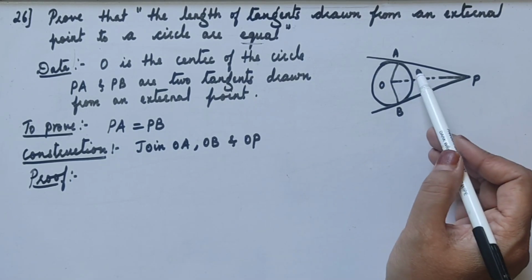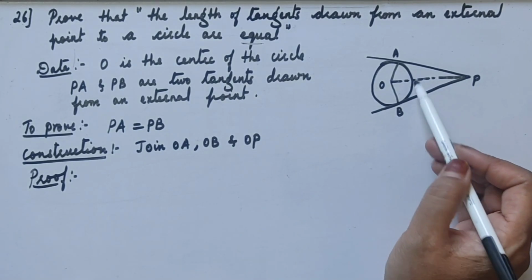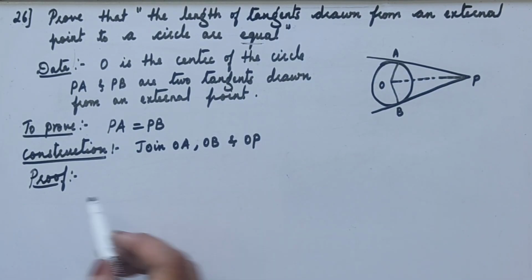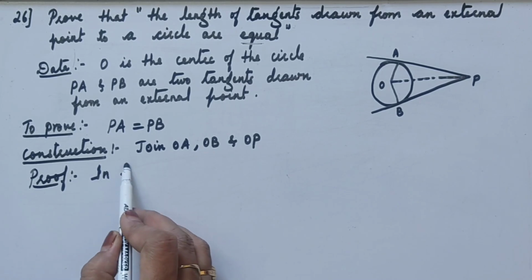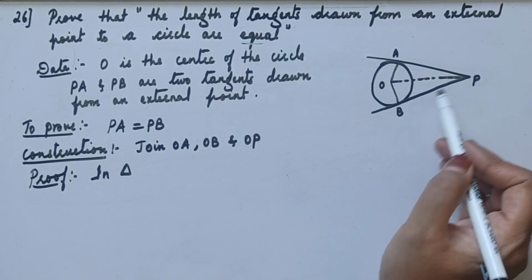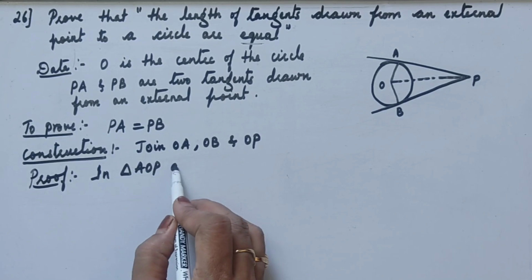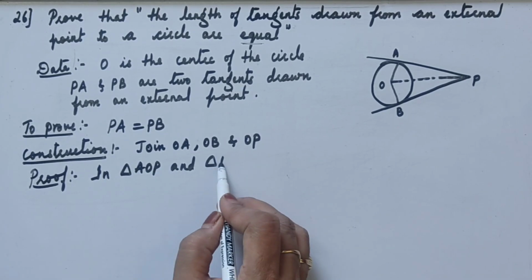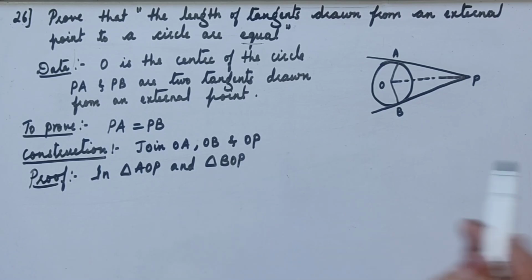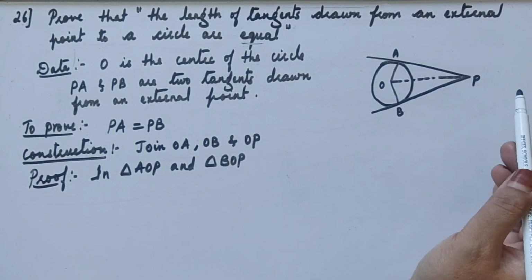As you can see, we have got two triangles. Let us compare these two triangles. In triangle AOP and triangle BOP, we can start comparing.